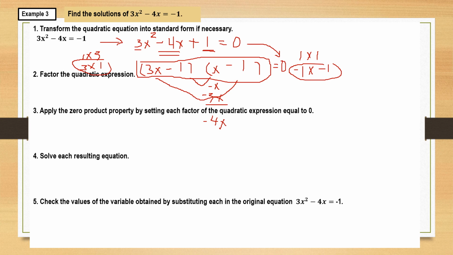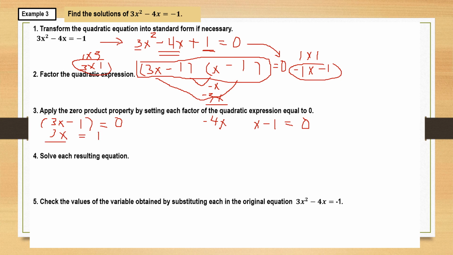Next, apply the zero product property to the two factors. So we have 3x minus 1 is equal to 0. And then for the other factor, we have x minus 1 is equal to 0. And then solve for x. So 3x is equal to 1.